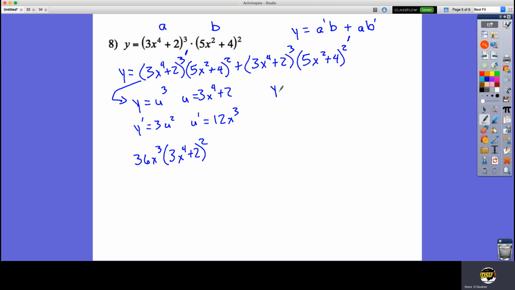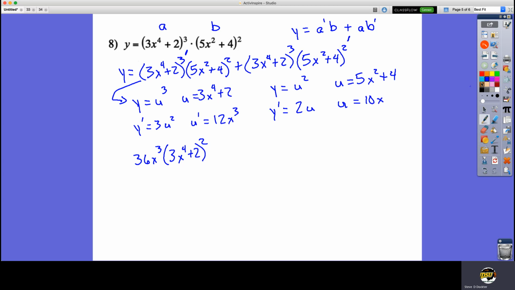So once again, we've got y equals u squared, u equals 5x squared plus 4. Why do you square? Because we're putting a u in for this last one. Y prime is 2u. U is 10x.